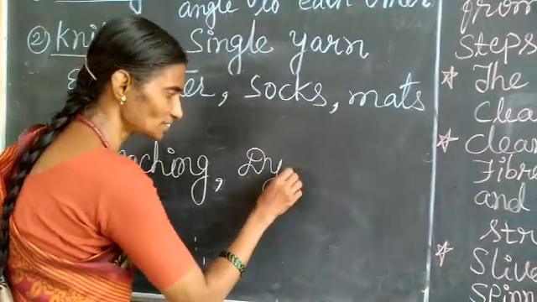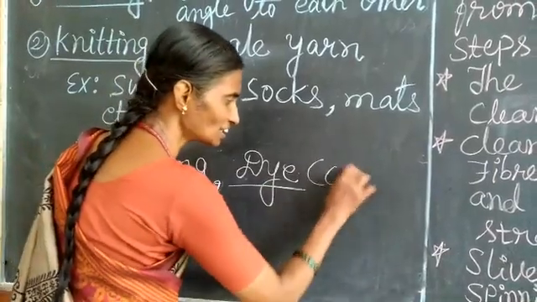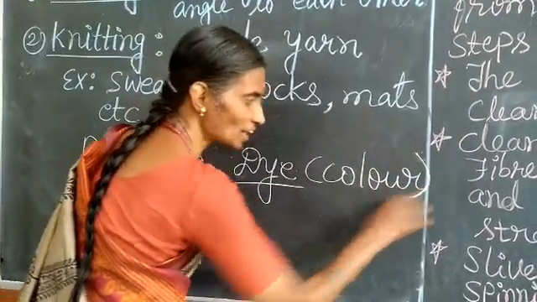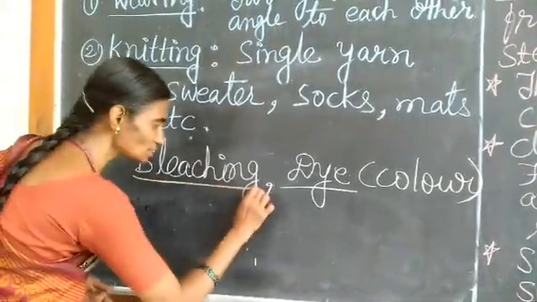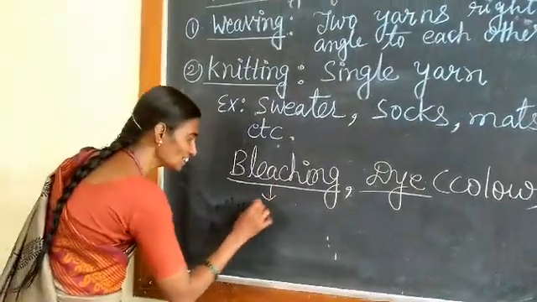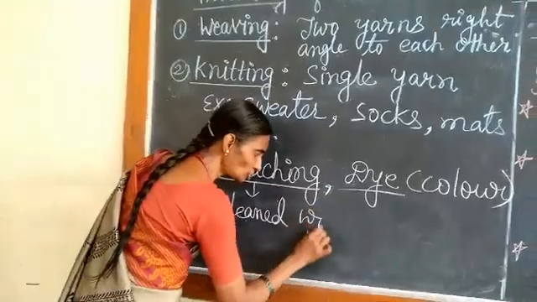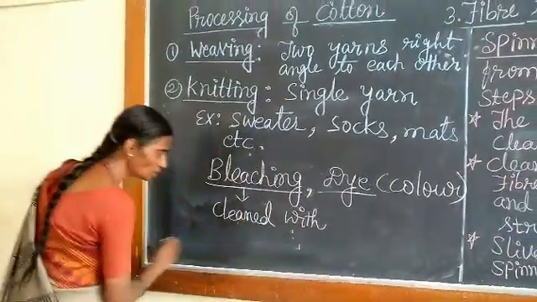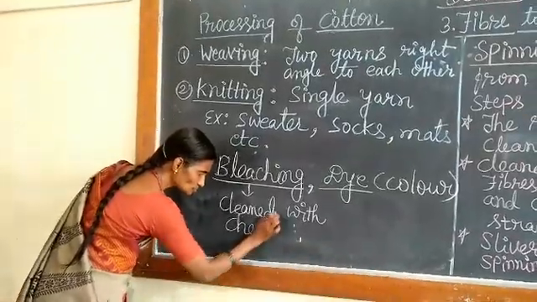This dyeing is different, children, D-Y-E-I-N-G. Dye means color. They will give color to the cloth. Bleaching means it is cleaned with chemicals, not with water and all.